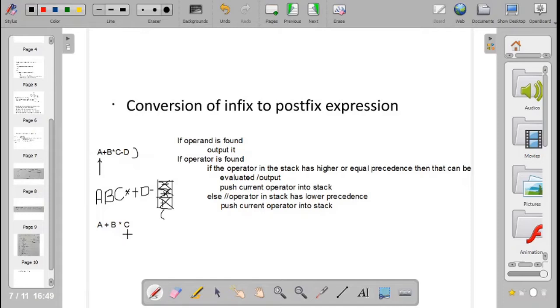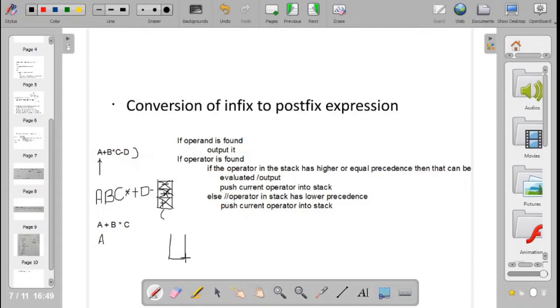Now can we look at this a plus b into c? That we have already considered, but anyway, if we look at a plus b into c, how does it work? You look at a, which is an operand, so you output it. Then you come to plus, which is an operator.